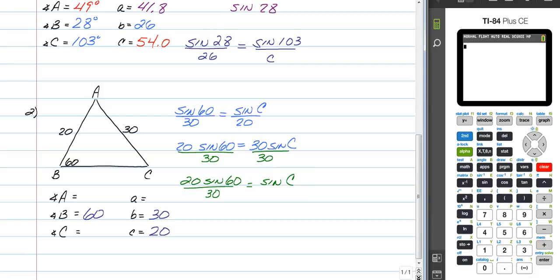To find inverse trig, we use the second button when we're trying to find the sine. So in this case, we're just going to type 20 times the sine of 60, and you can click enter. And then we're going to divide that by just 30 and click enter, and that's what sine of C is equal to.